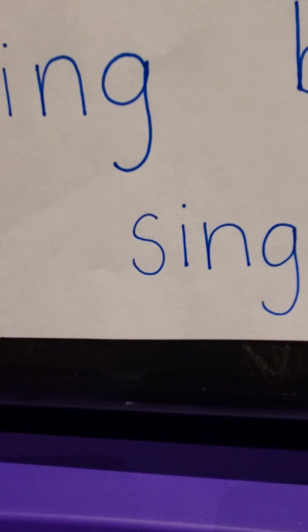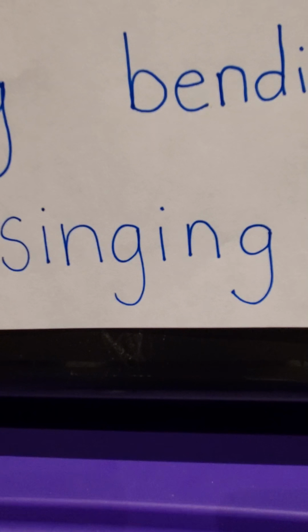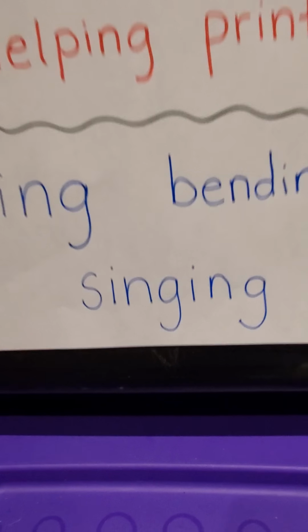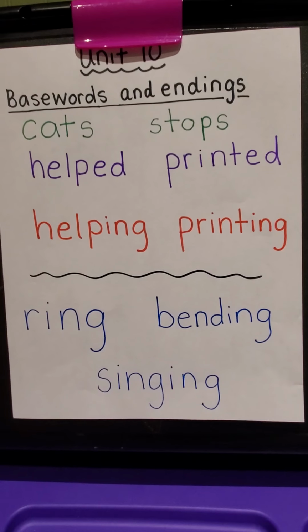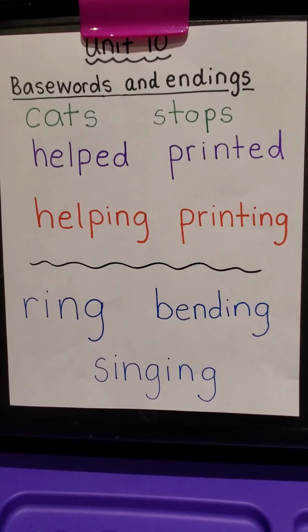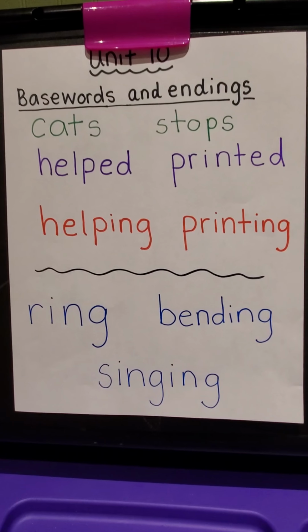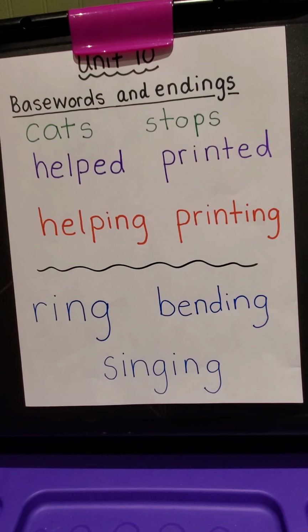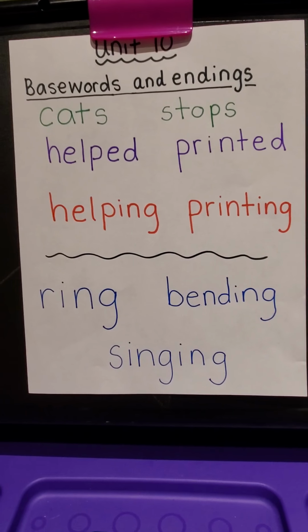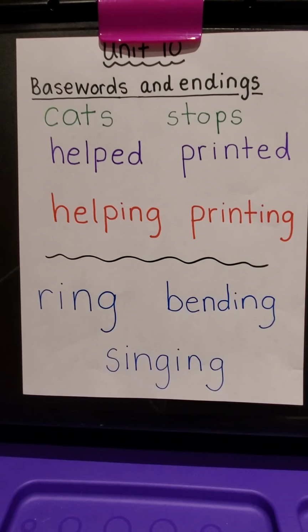So sing is the base word, add ing, and it's singing. Alrighty, so that was kind of a lot of information, but that's pretty much what Foundations Unit 10 is all about. We also, in Unit 10, are going to learn about some long vowel sounds, but that'll be another video for another day.